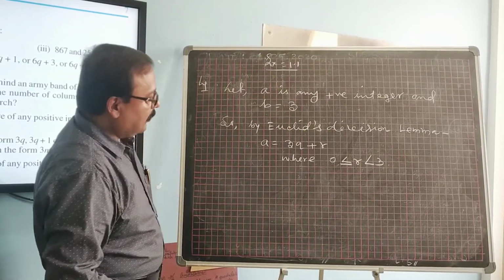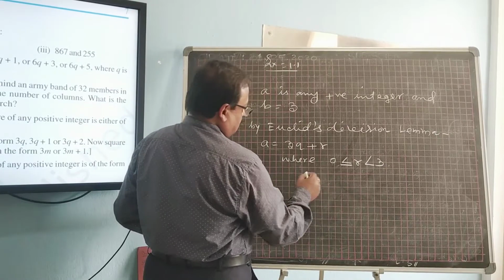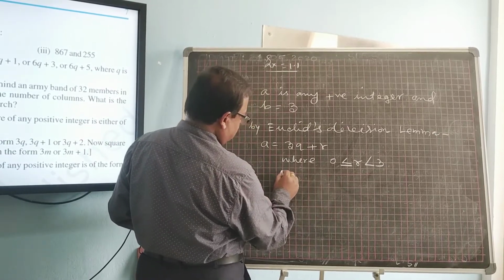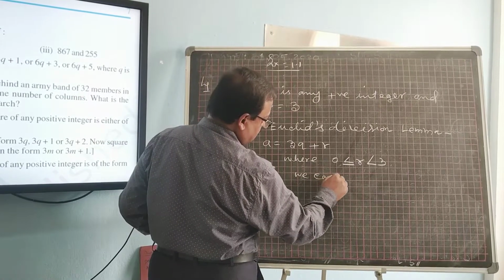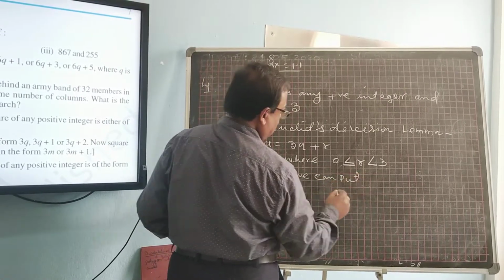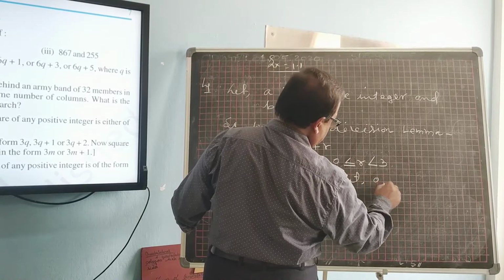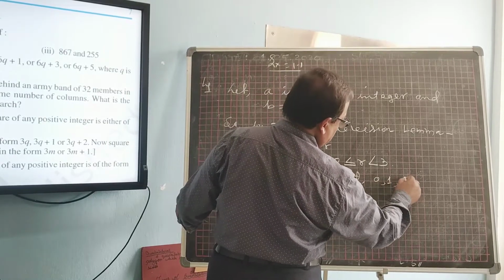And what are the numbers between that? Then we can put r as 0, 1 and also 2.